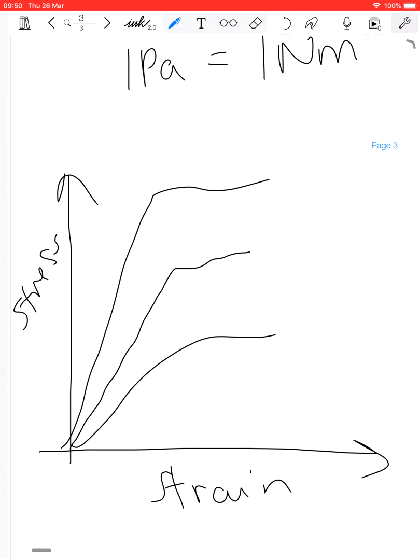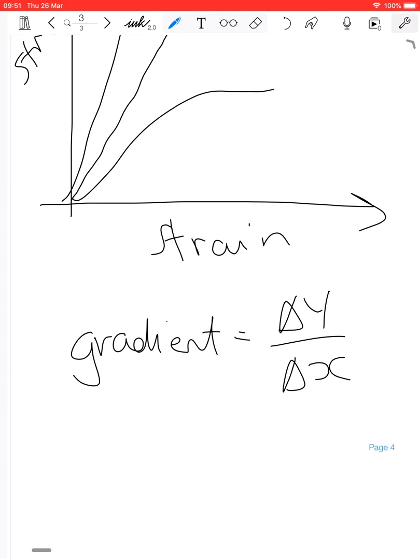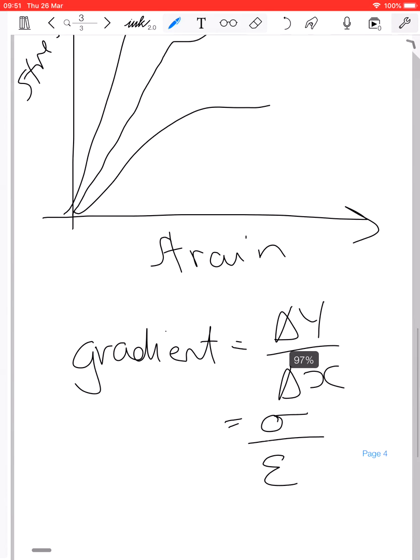And obviously with graphs we always like to look at the gradient. So if we were to say the gradient equals delta y over delta x, looking at your graph, you know that delta y is going to be the change in stress and delta x is going to be your change in strain. That looks very familiar.